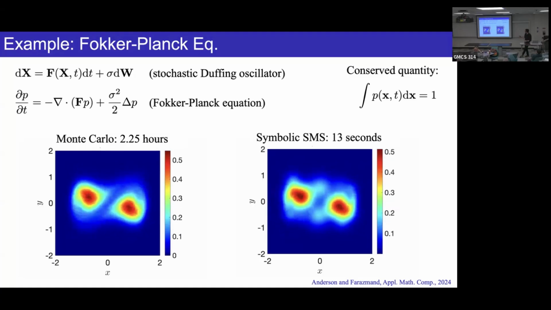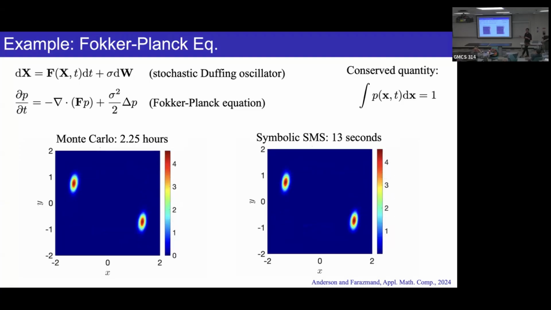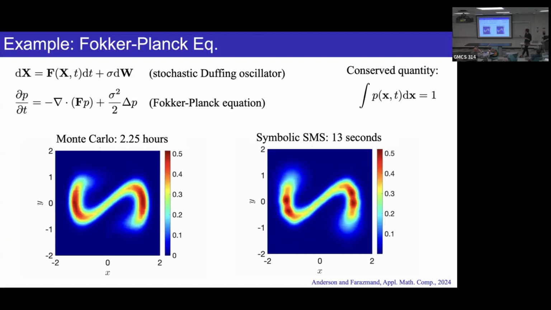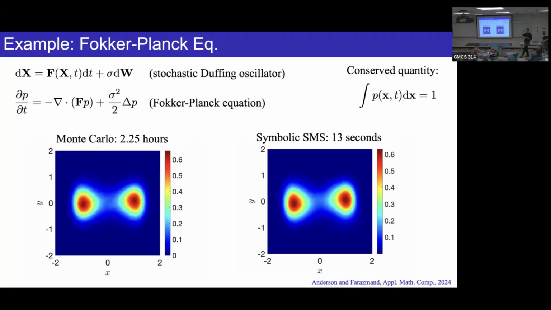If you do that, then you can integrate this Fokker-Planck equation in 13 seconds to generate this movie. But if you do not and try to approximate the integrals with some Monte Carlo method, the integration takes almost 2.5 hours. So this symbolic SMS really speeds things up. And the key again is that you do not compute all entries of the metric tensor, only a small subblock of it.